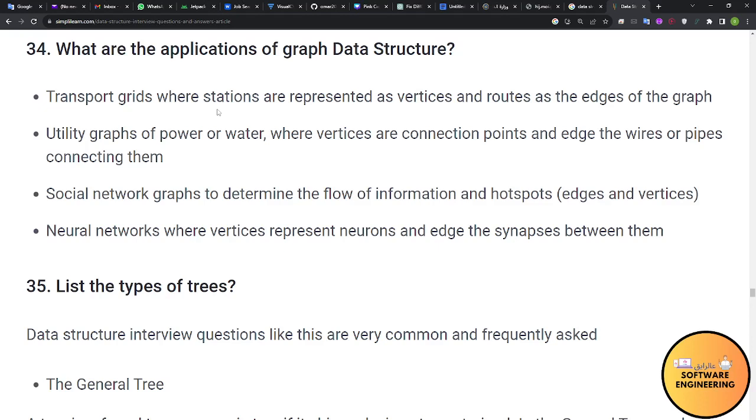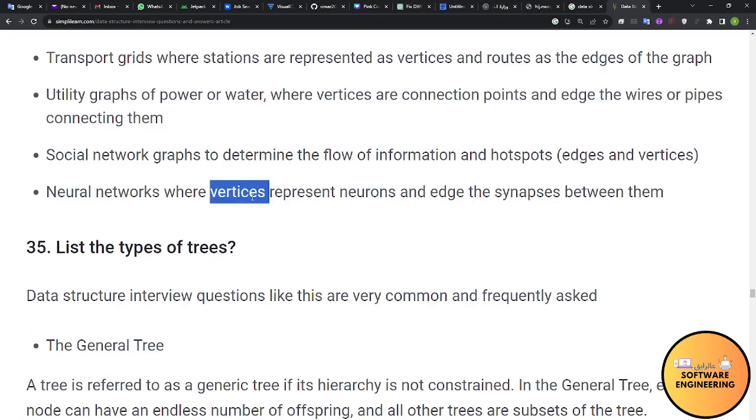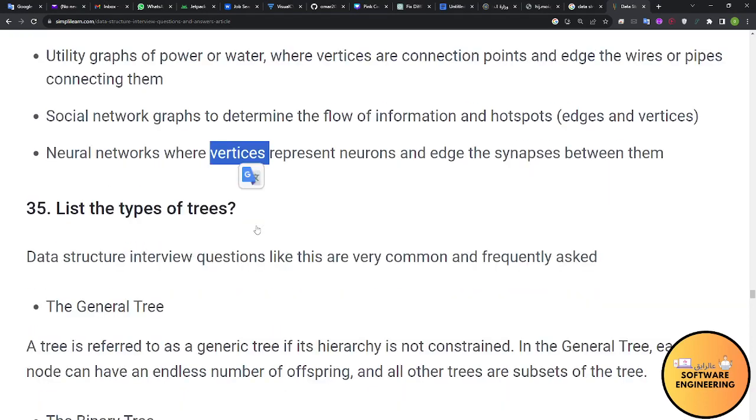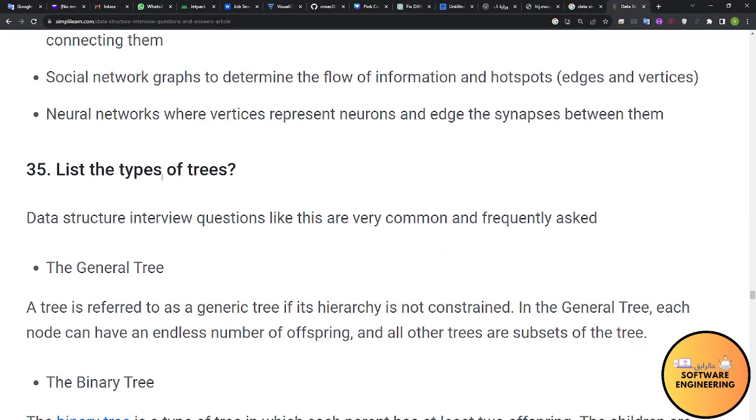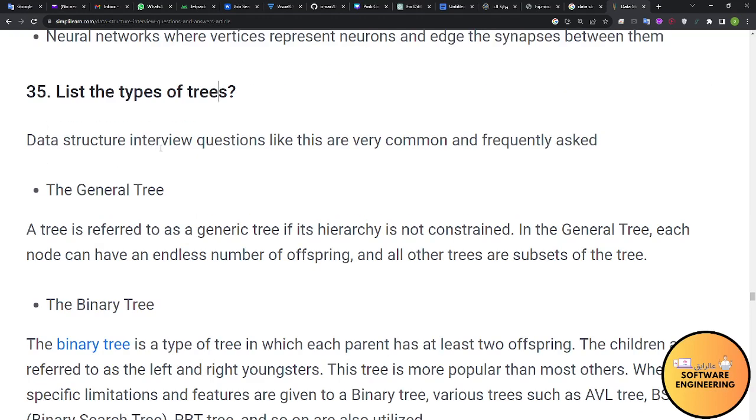Neural networks اللي هي الشبكات العصبية where vertices represent neurons and edges the synapses between them، يعني بتحدد نقاط الاشتباك ما بين الedges وما بين بعضها او ما بين الفيرتسيز.